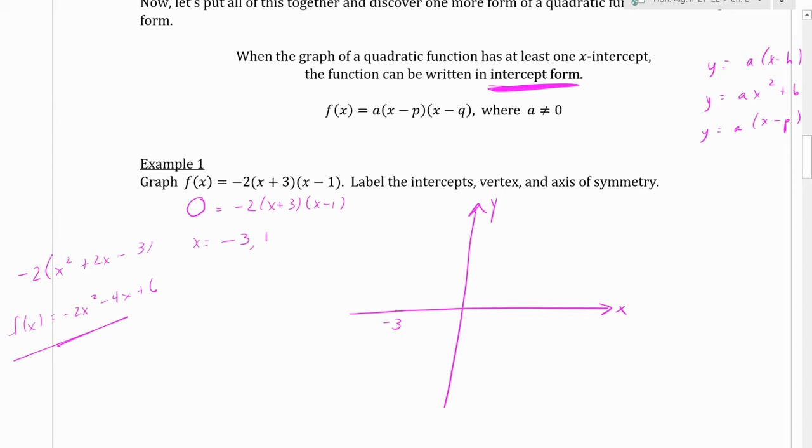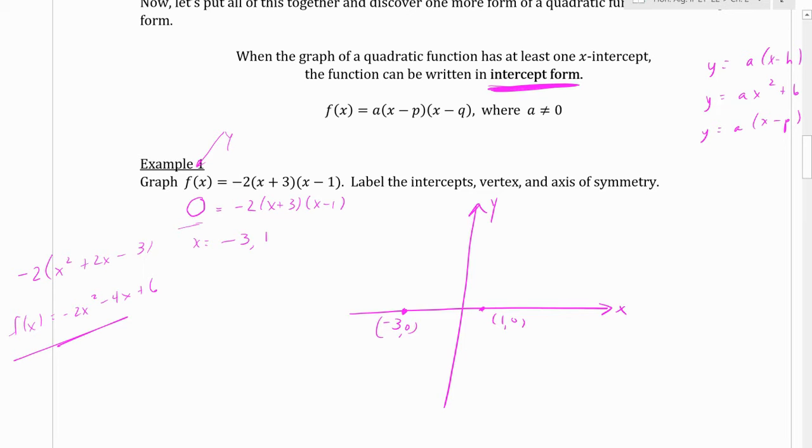So if I go to -3 and +1, those are the x-intercepts. Because that's when the function equals 0. And f of x works like a y. That's when I let the y equal 0. If y equals 0, you're on the x-axis.